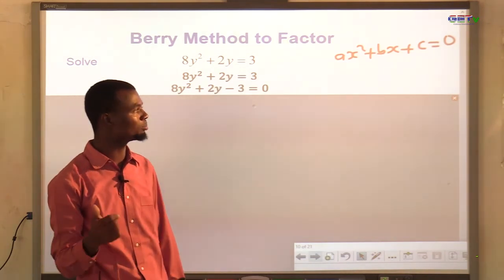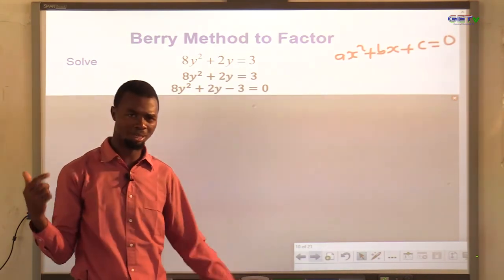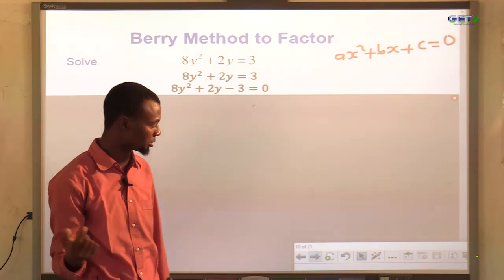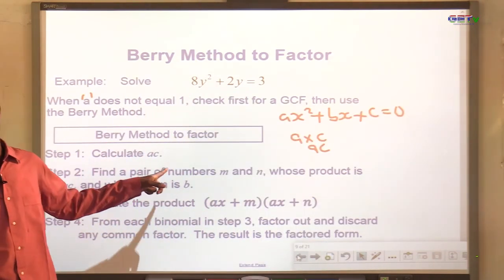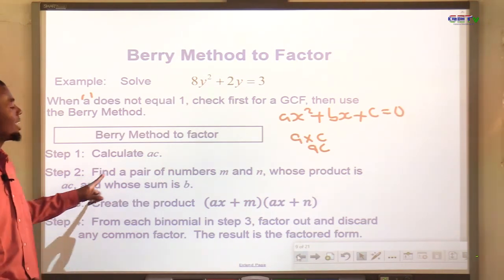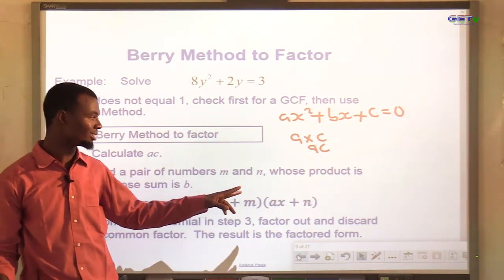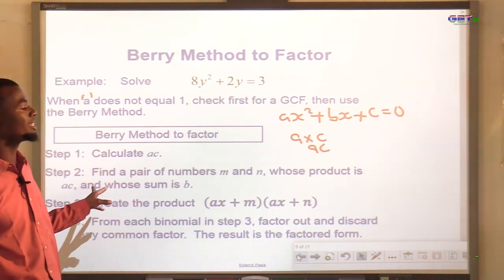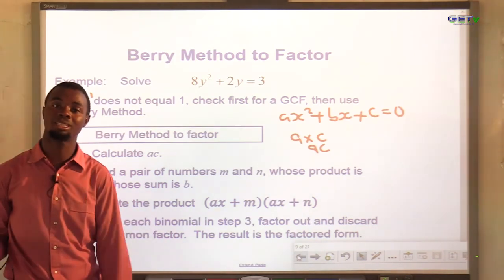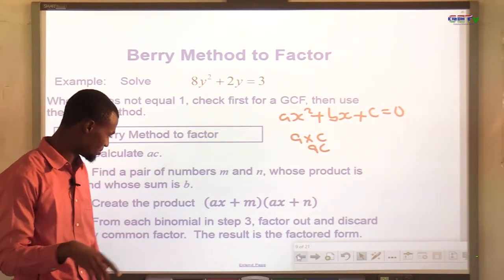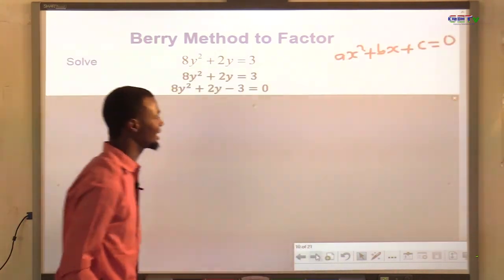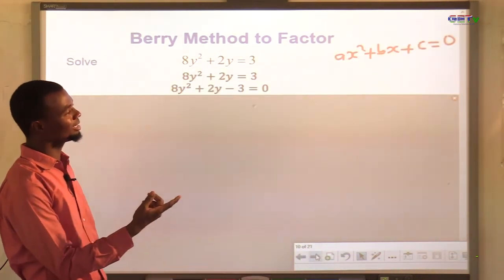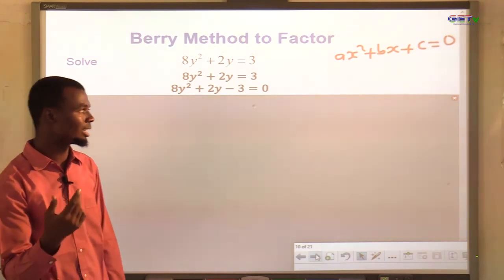Ax squared plus bx plus c. Remember the procedures you are asked to take. First, calculate AC, find a pair of numbers m and n whose product will be AC and whose sum is b. Then let's apply that here. What is the value of A? What is the value of B?